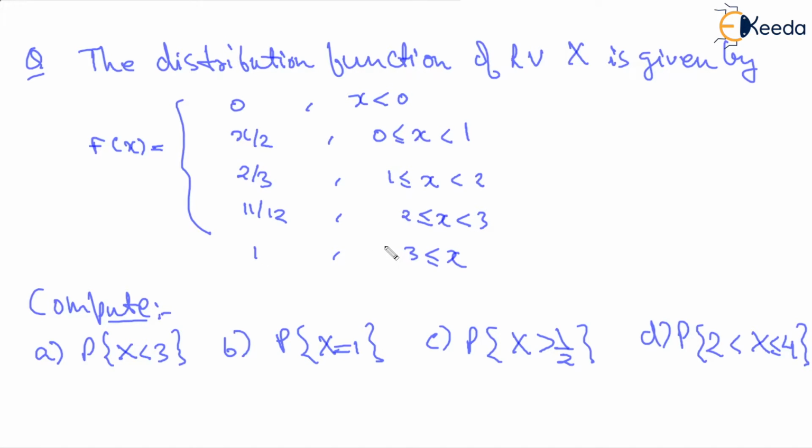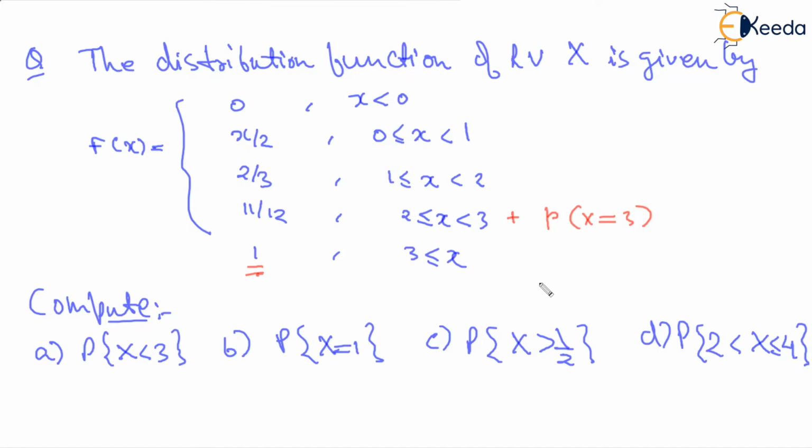That means, what can be the distribution function at x equal to 3? It can be the value of the distribution for less than 3 plus the probability of x equal to 3. Then there is nothing wrong in saying that.